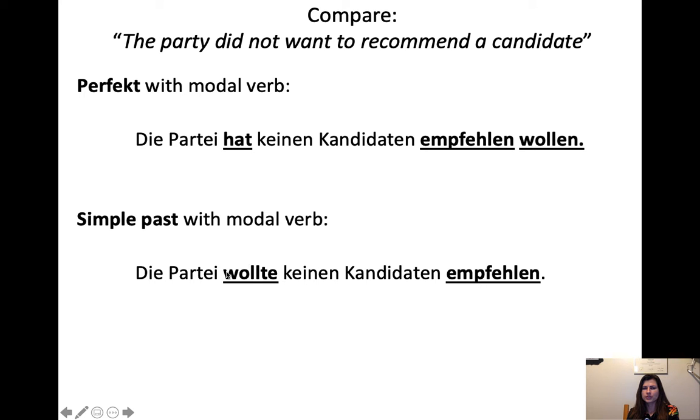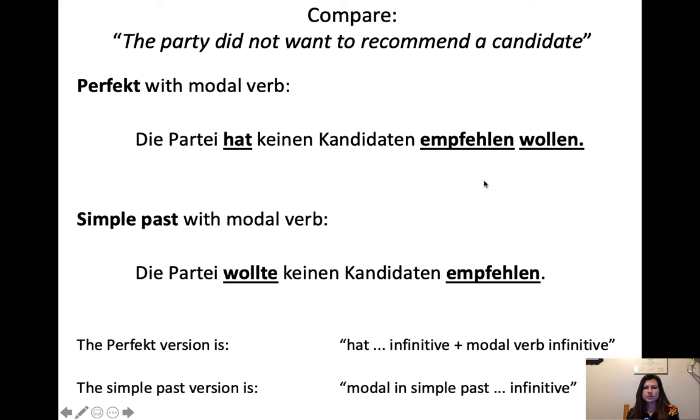The only difference would be will instead of wollte, just that verb conjugation, present versus simple past. But as soon as we do the perfect, this changes to hat, and then we get the double infinitive. It's very different. So the perfect version is hat plus main verb infinitive plus modal verb infinitive. And then the simple past version is modal in simple past plus infinitive.